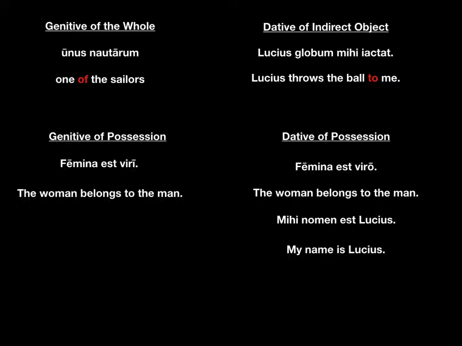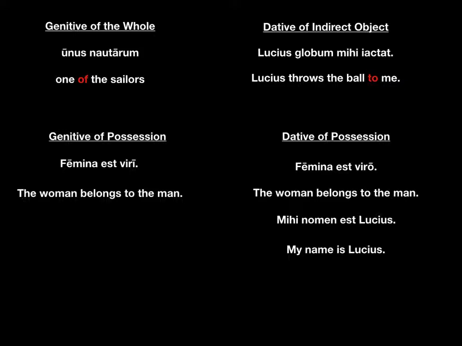What Latin prefers in this situation much more, though, to signal possession is to use a form of "to be" plus what is possessed in the nominative and the possessor in the dative. So Latins would like to say "femina est viro." Literally, the woman is to the man.